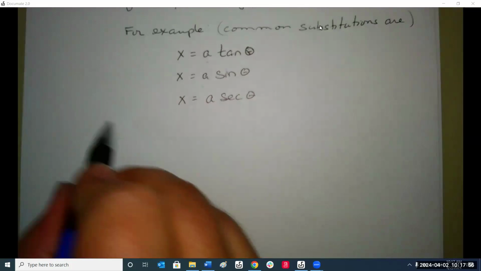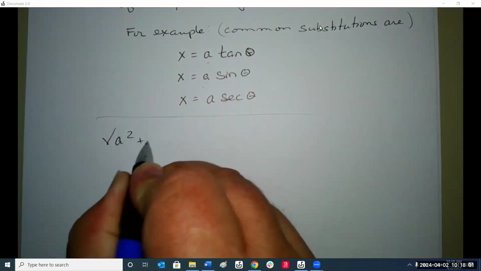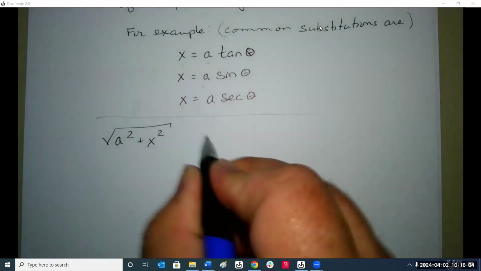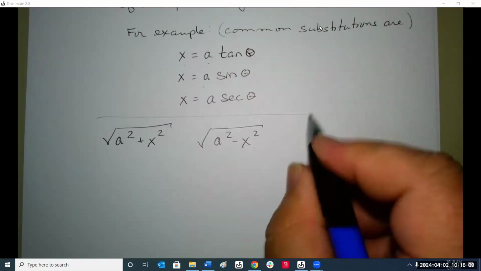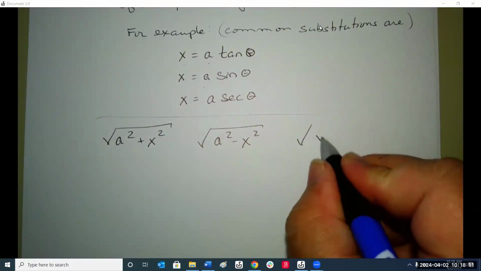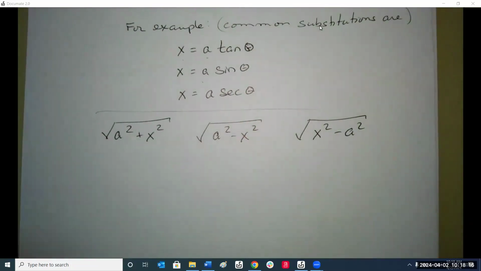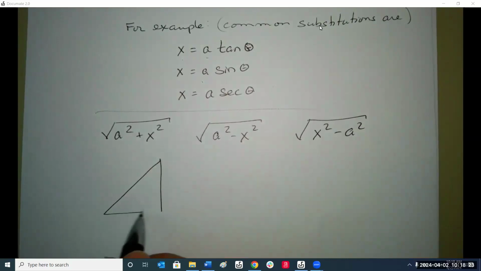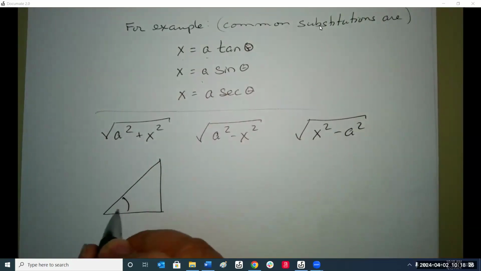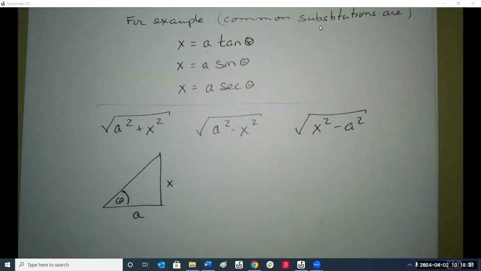When we do these transformations, we're going to be looking for a function that looks like this, and like this. Now, what these all relate to: we have our angle theta, this is length x, this is side a.